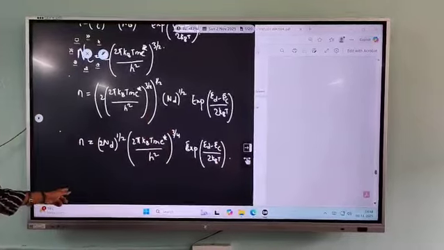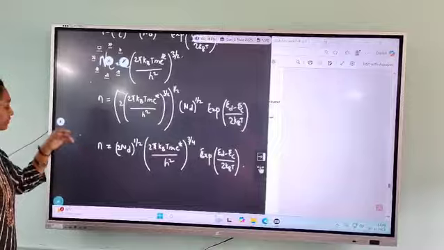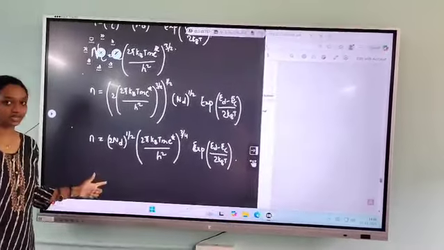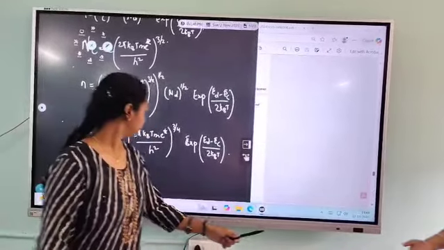This is the expression for carrier concentration in n-type semiconductors. Pooja will continue.